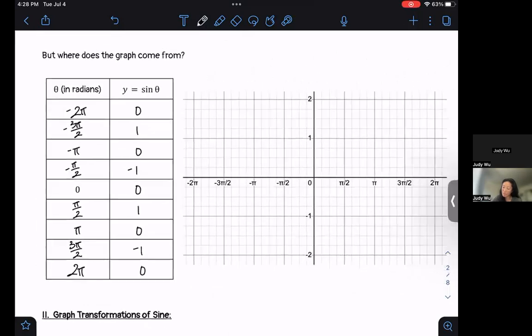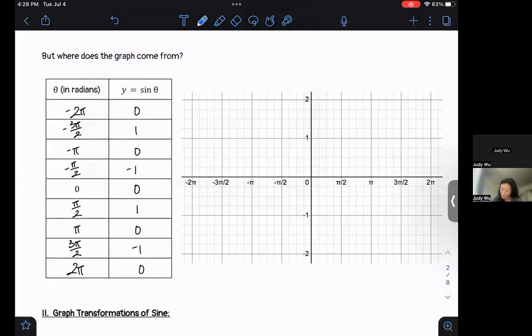And now I'm going to plot these points. Negative 2 pi, comma 0. Negative 3 pi over 2, 1. Negative pi, 0. Negative pi over 2, negative 1. 0, 0. Pi over 2, 1.